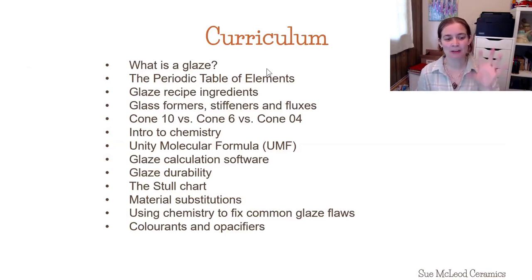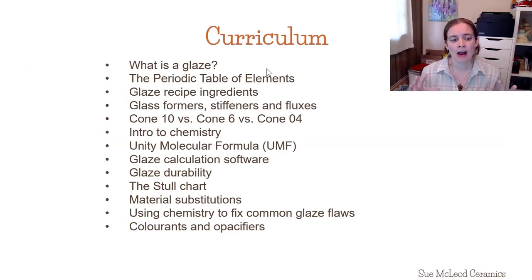Then we're going to talk about the unity molecular formula, which basically takes a glaze recipe, all the materials in a glaze, and breaks them down into their elements. So we've got silica, alumina, boron, and there's calcium and sodium, which are the fluxes.